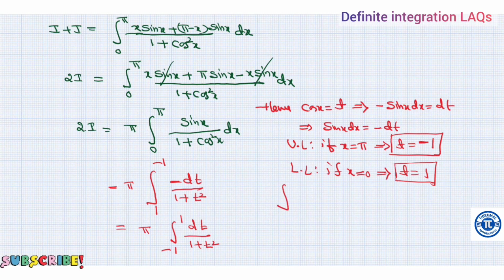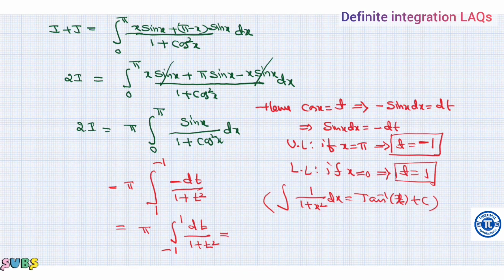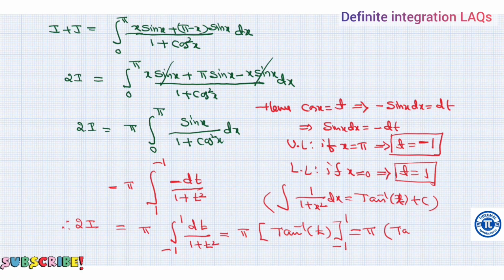We know that integration of 1 by 1 plus x square dx is tan inverse of x plus c. Applying here, 2I is equal to pi into tan inverse of t with limits minus 1 to 1, which is pi into tan inverse of 1 minus tan inverse of minus 1.